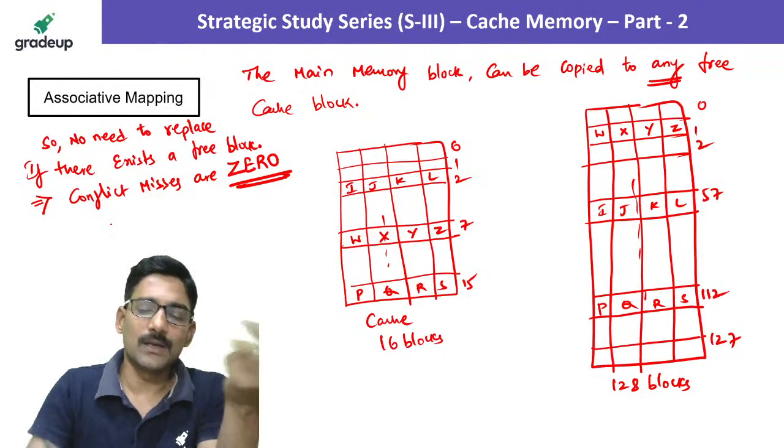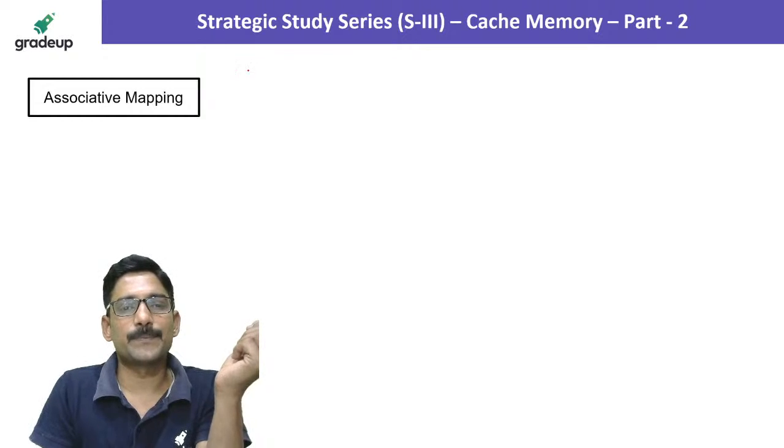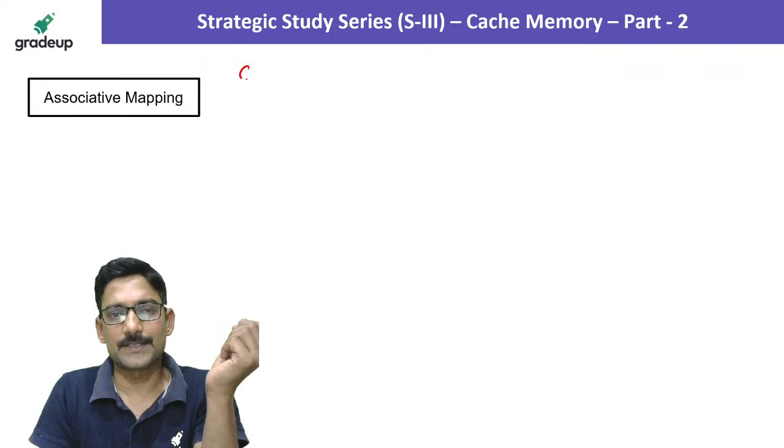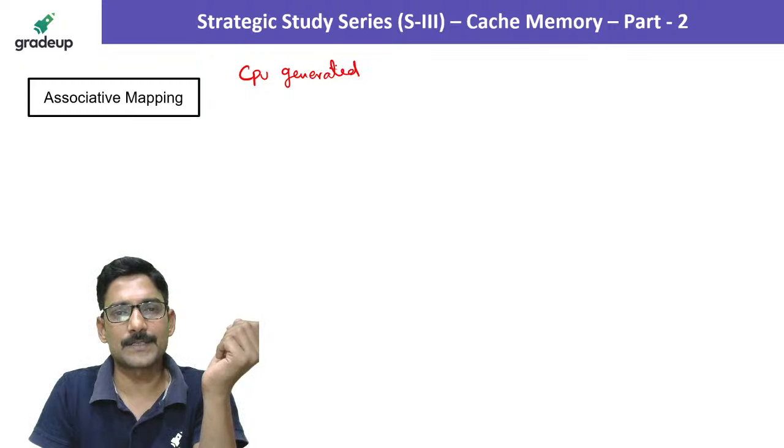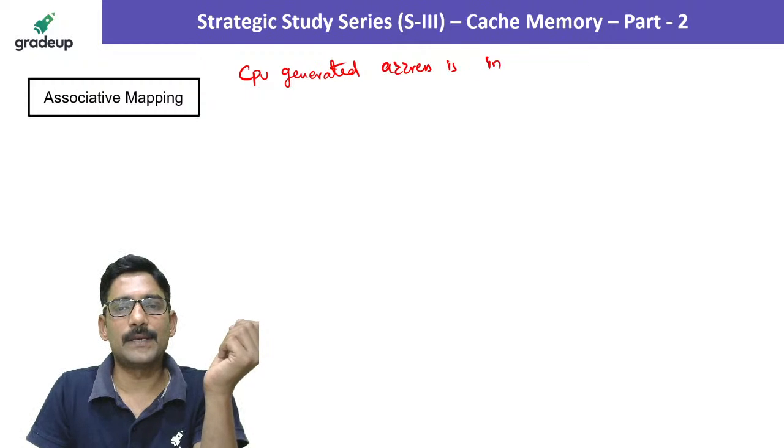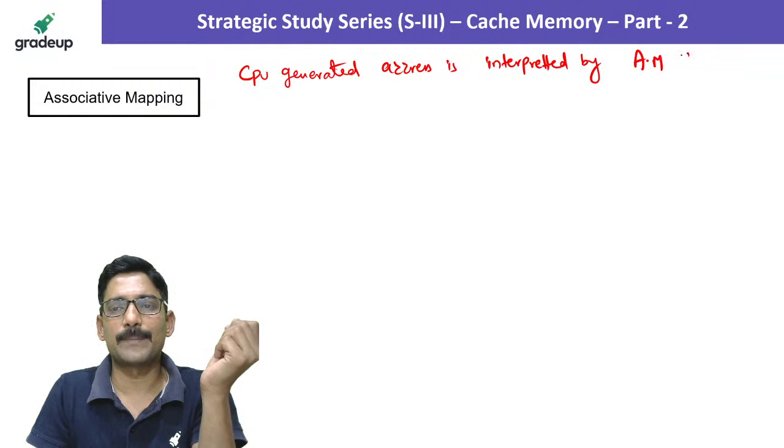Okay. Now if you see the interpretation of the address, the CPU-generated main memory address is interpreted by the associative mapped cache as just tag and word offset.